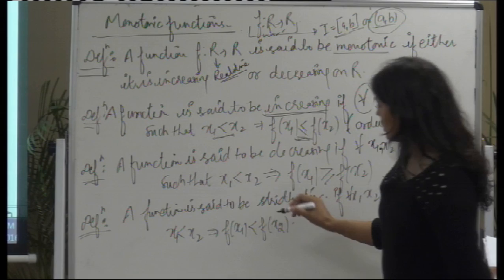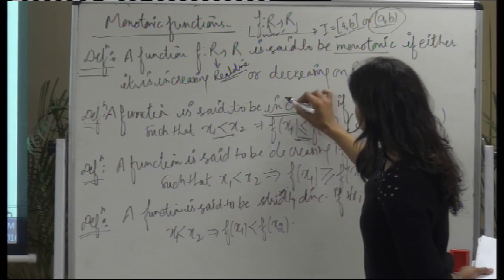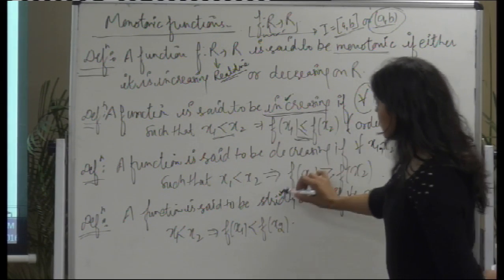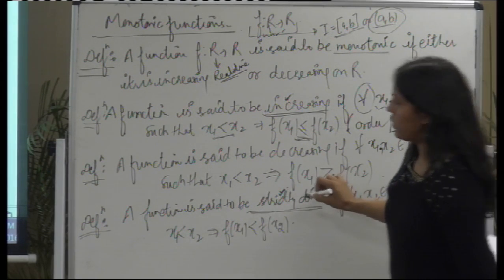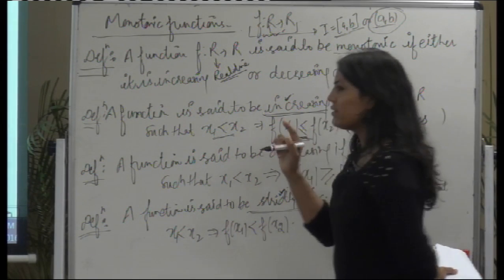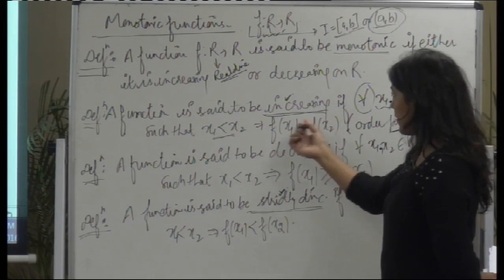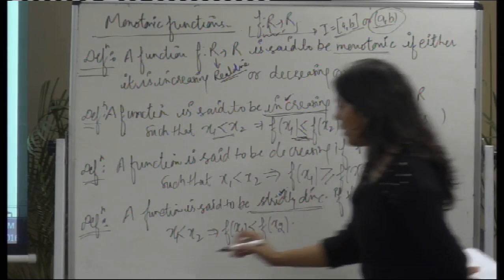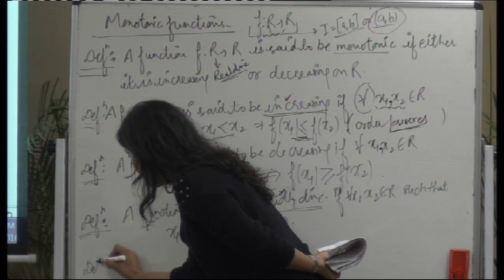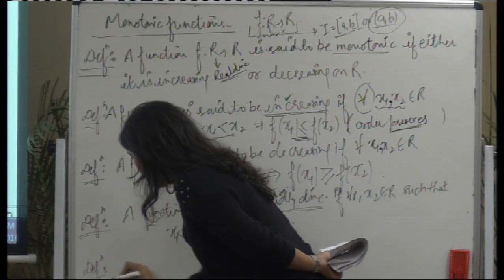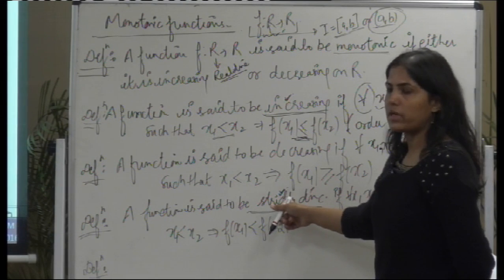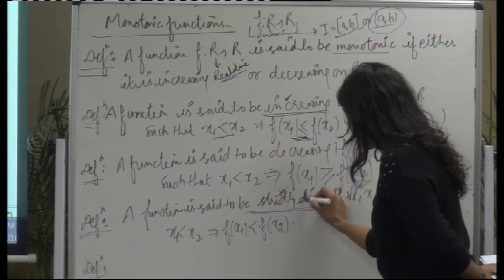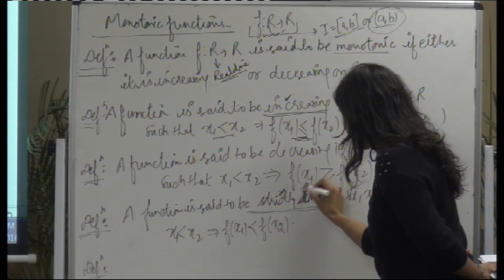These functions have different properties. This one is important. If equality is coming, then it lacks some of the properties. How it is important, you will get to know when we do the questions. So write down the definition on parallel lines. This is increasing, and this is strictly increasing.